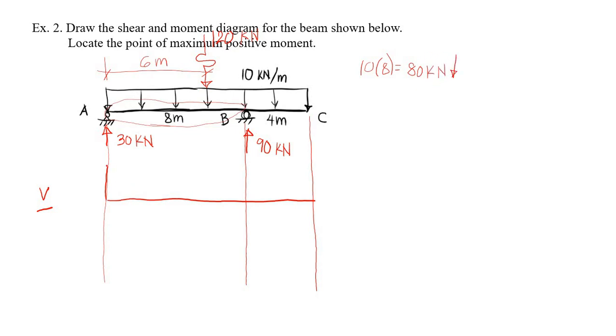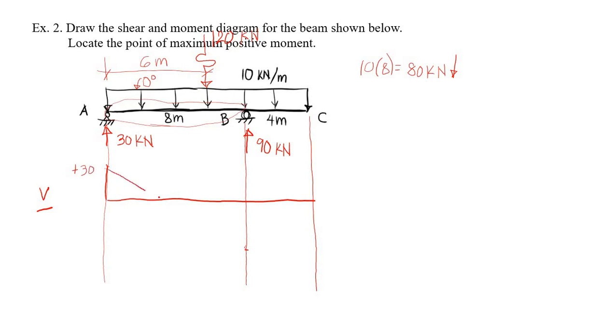Again, notice our load is 0 degree, and this must be first degree. So we have 30 minus 80 is simply equal to negative 50.